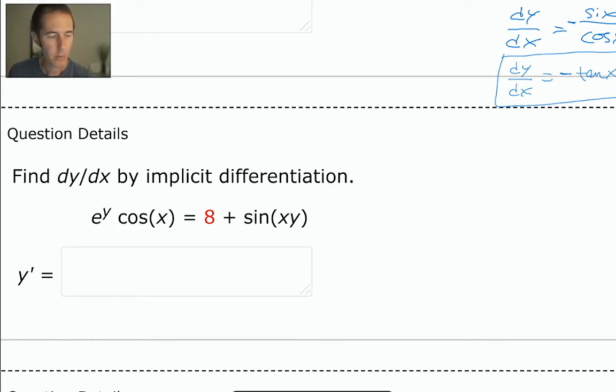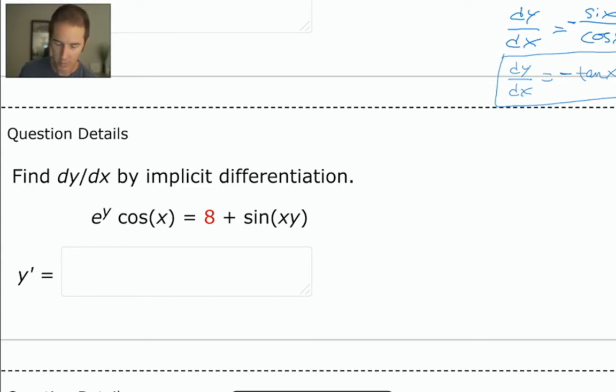The derivative of e to the y is e to the y times the derivative of the exponent, which will be dy dx. On the right-hand side of the equation, you'll have to take the derivative of the sine function. The derivative of sine is cosine, so you'll have a cosine xy, and then you'll have to multiply by the derivative of the inside function.